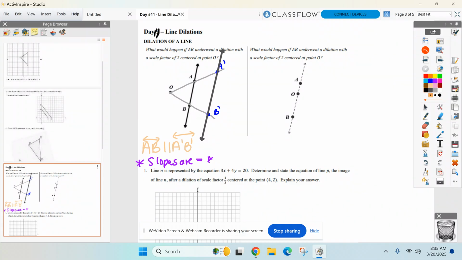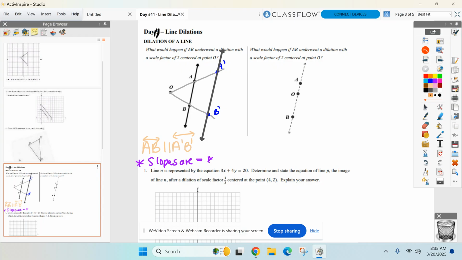Second case, notice where my center is now. On the line. That's a big difference, being off the line versus on the line. Here's why. Notice the distance from O to A. Keating says it's going to be doubled. Can you put where you think A prime is going to land? Eyeball it.